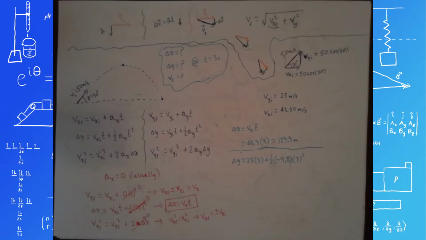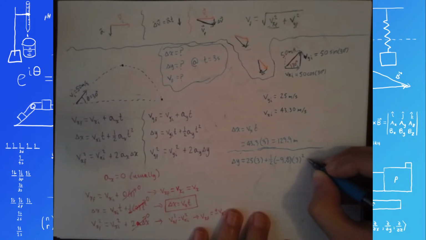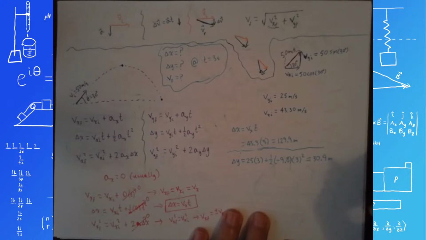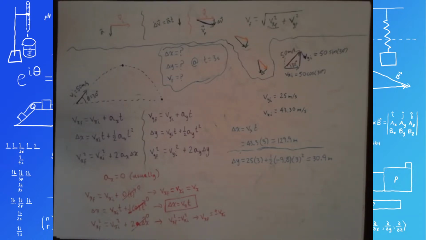Let's put all that into our calculator and see what we get. 25 times 3, I guess that's going to be minus 4.9 times 3 squared, or times 9. And I'm getting 30.9 meters. Okay.